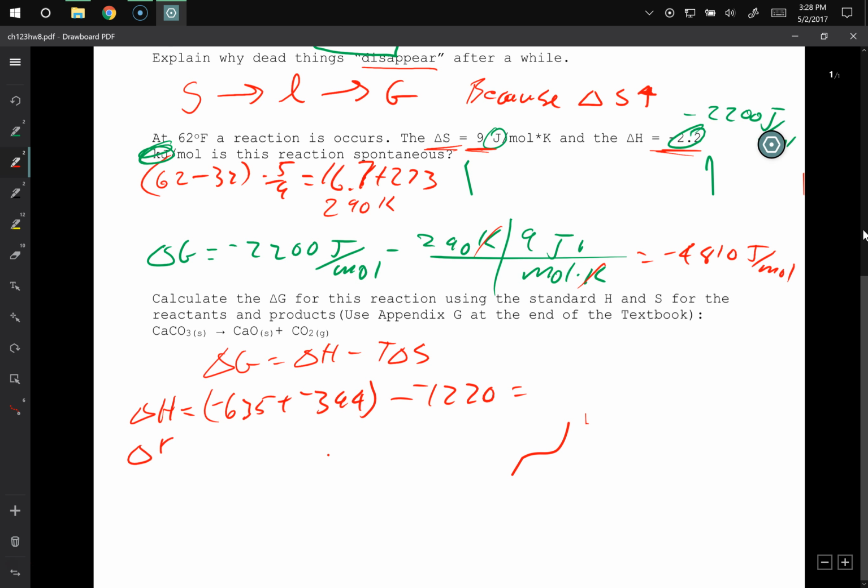And my delta S is 214 plus 38 minus 110.